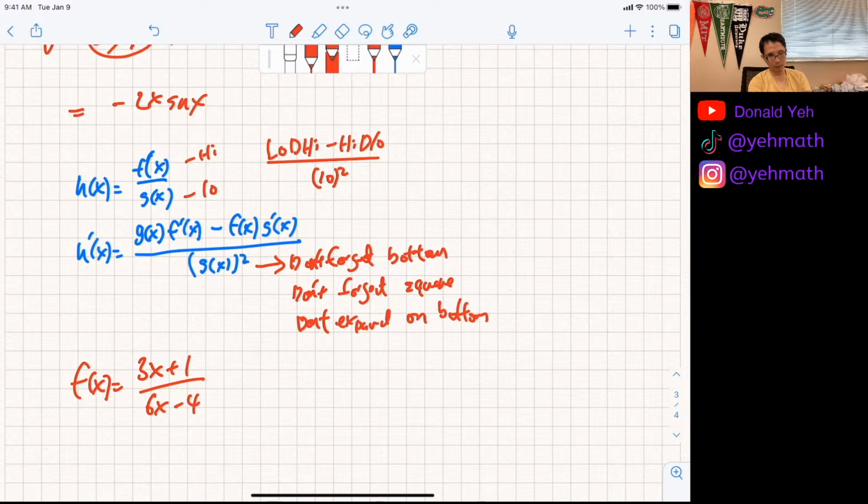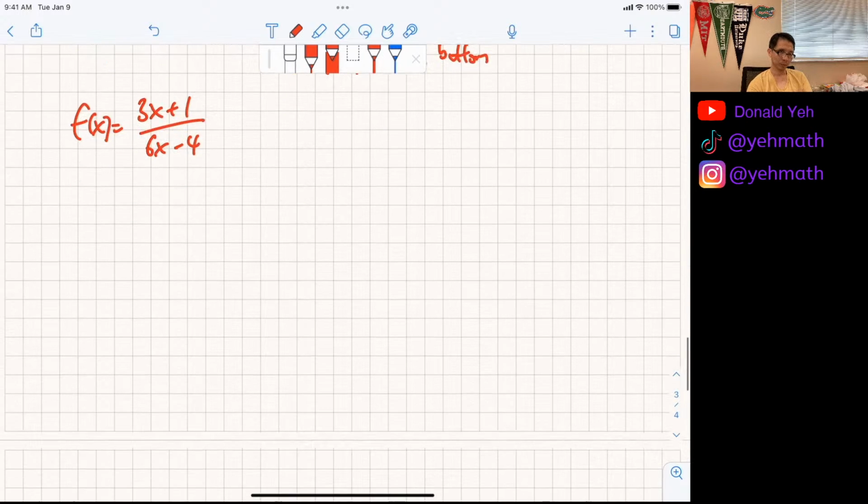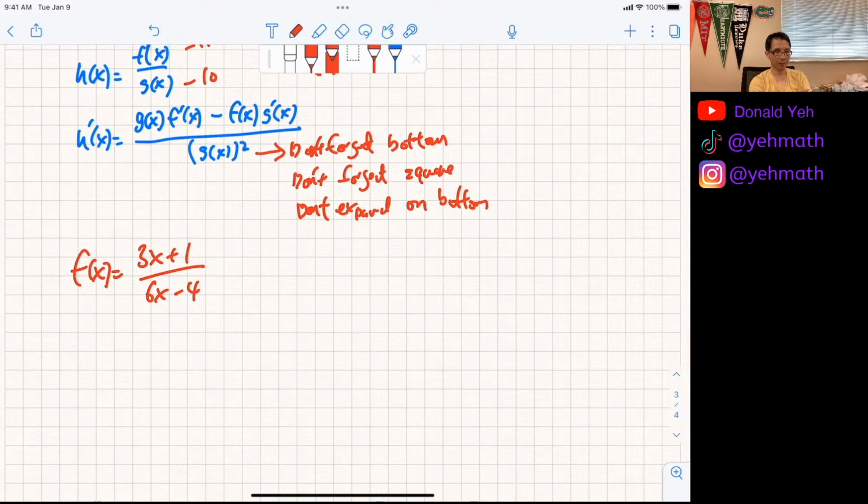Do you guys take a derivative of this? Try to copy it. I'm going to write down derivative notation. What is a low?